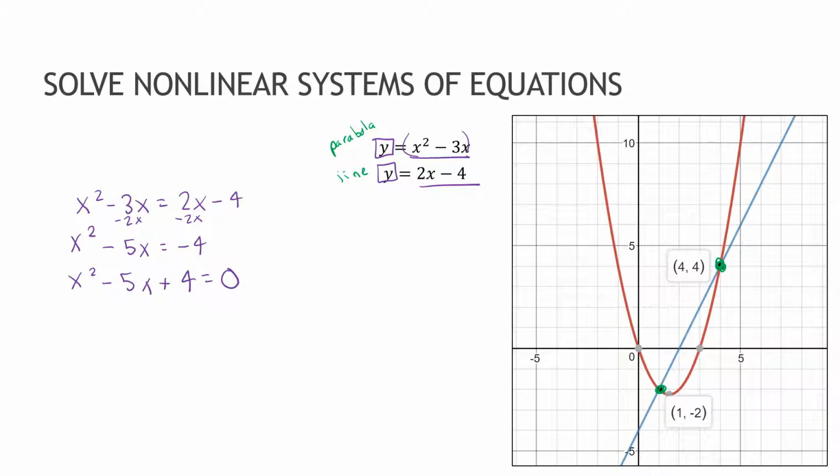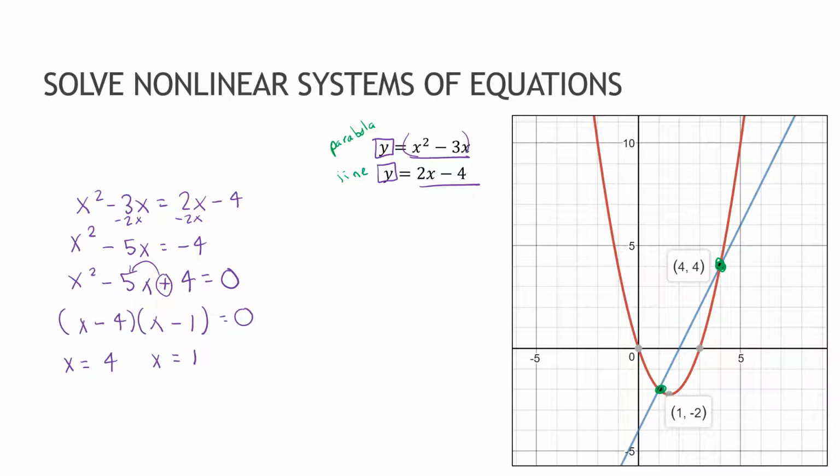Are there numbers that multiply to 4 that add to negative 5? That would be negative 4 and negative 1, which would multiply to positive 4 and add to negative 5. If I solve, I get x is positive 4, x is positive 1.